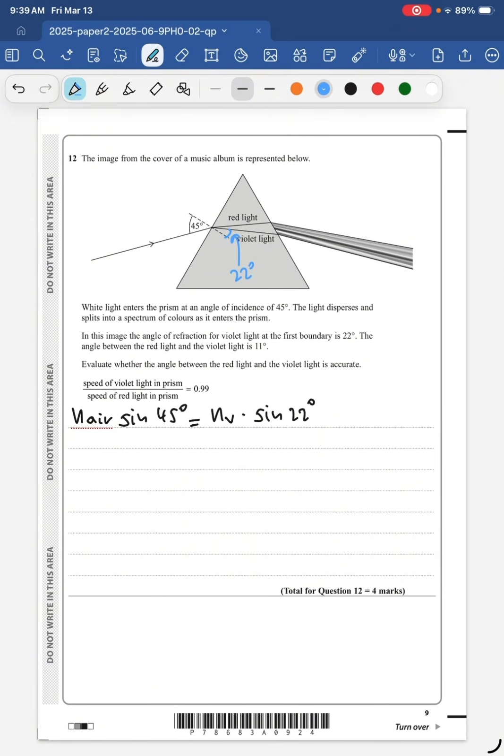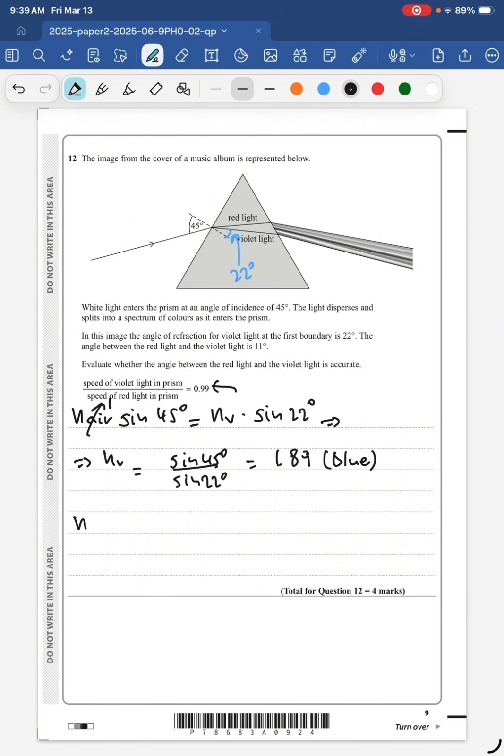Okay, so let's do this. So n violet is pretty much, this is 1, by the way, for air, sine of 45 over sine of 22 degrees, which is 1.89. Now we are also given this information that the speed of violet light in the prism over the speed of red light in the prism is 0.99.